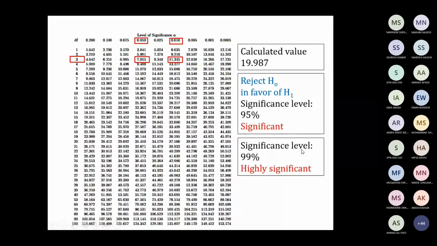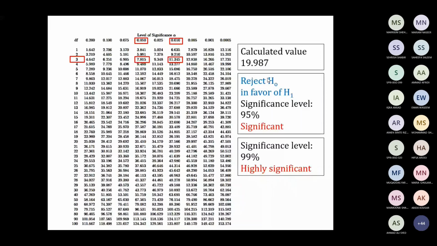Now, if this is found to be significant here, we check whether it is significant at the next level as well. And what is the next level? 0.001, which is 99.9%. So the critical value or the table value at 0.001 is 16.266.